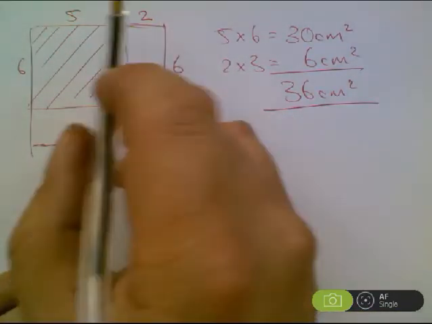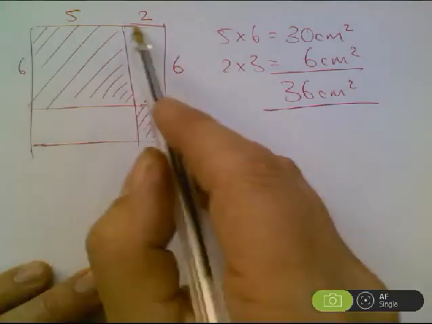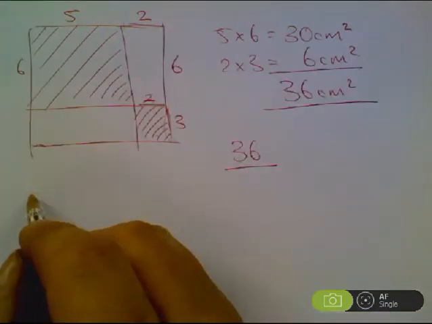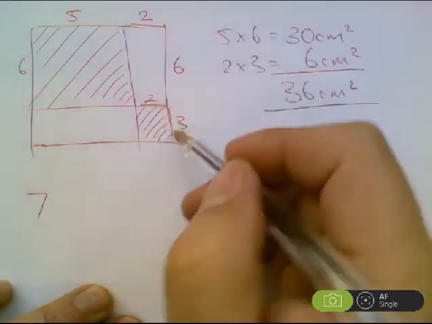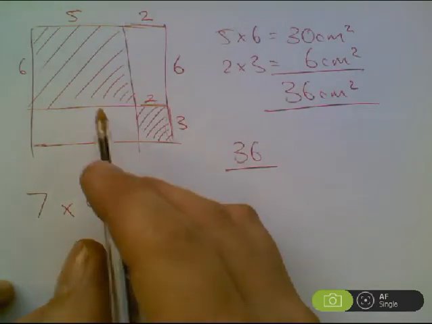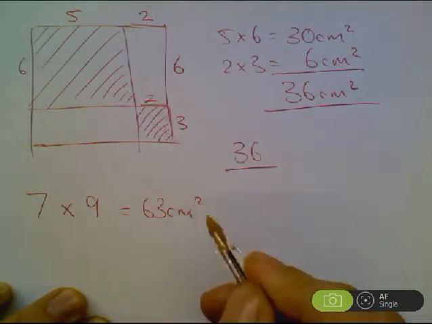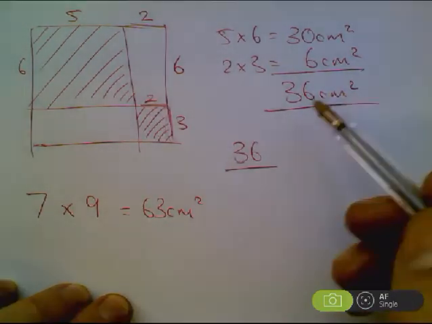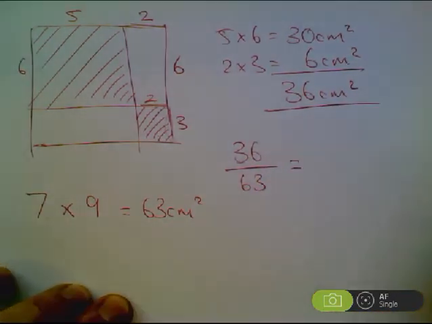So we need to look at the total now. So the total length or width of this rectangle here is 5 plus 2, so that's 7, and the total length is 6 plus 3, so that's 9. So the area of the overall shape is 7 times 9, so 63 squares. So the fraction that's shaded is 36 squares out of 63 squares, and this simplifies.